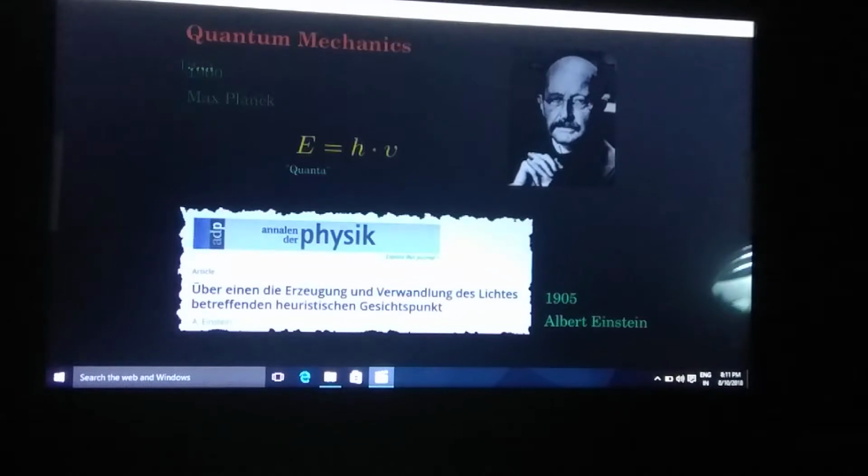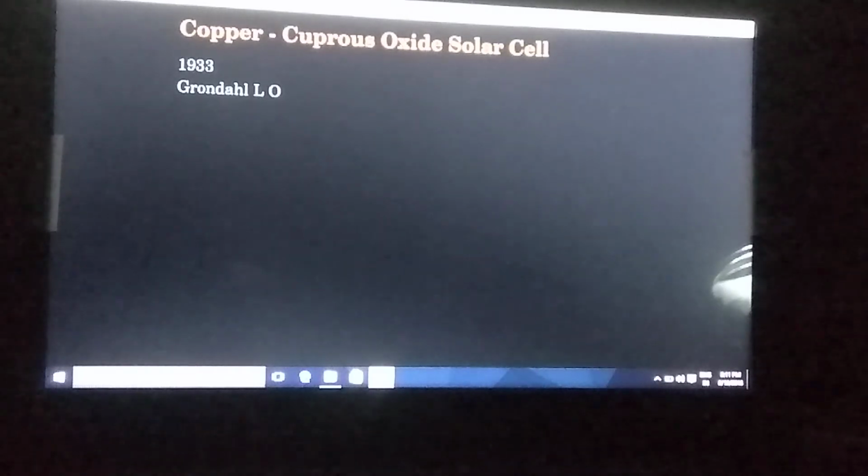In 1933, Grondahl worked and published many articles on the copper cuprous oxide solar cell.